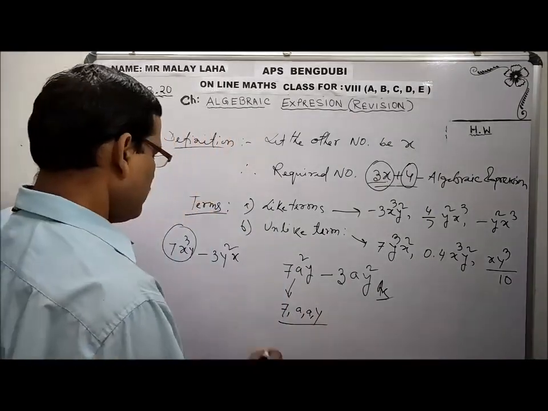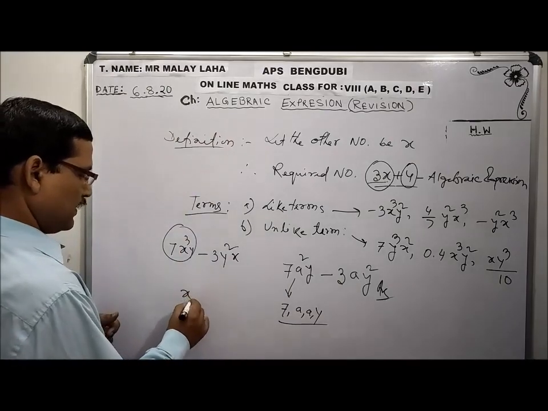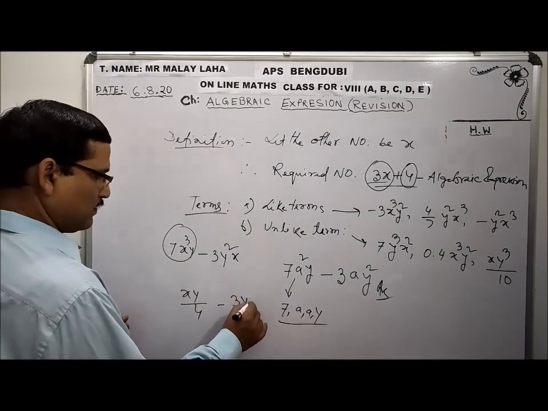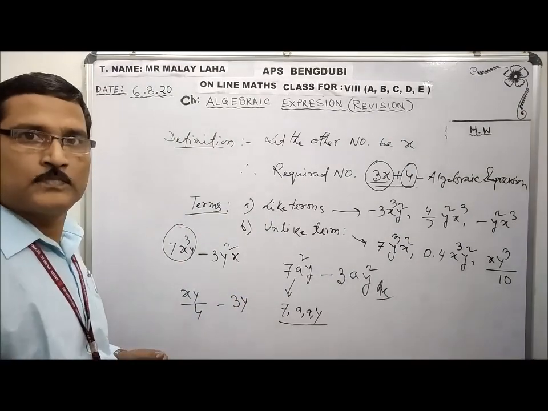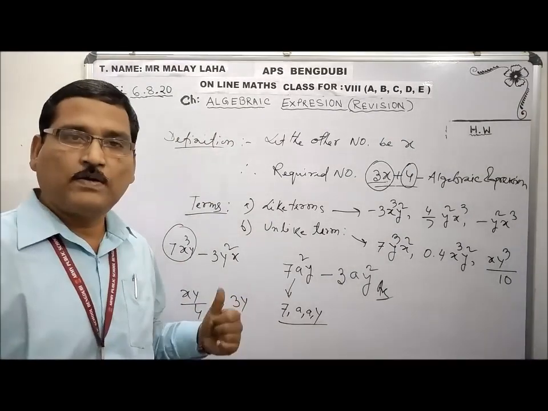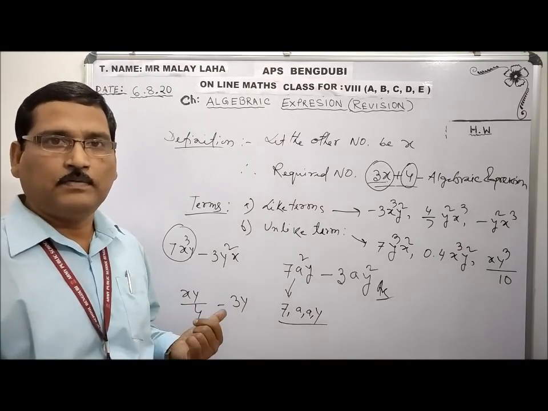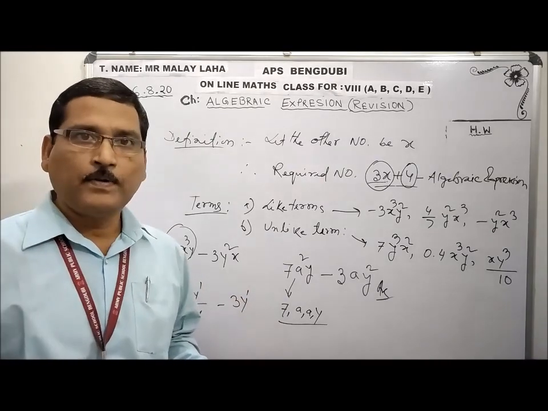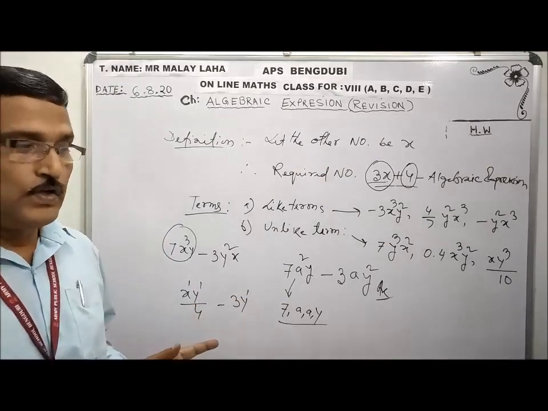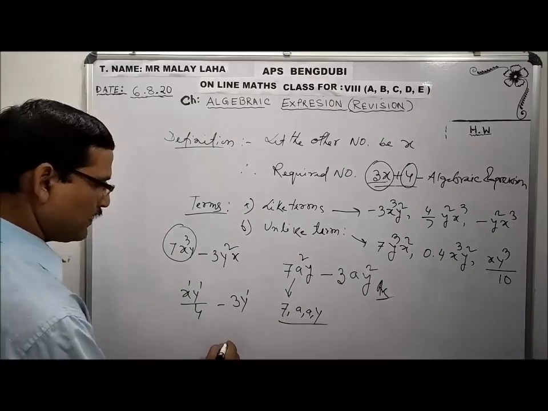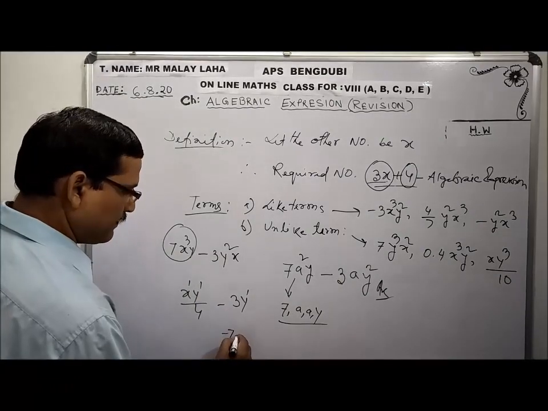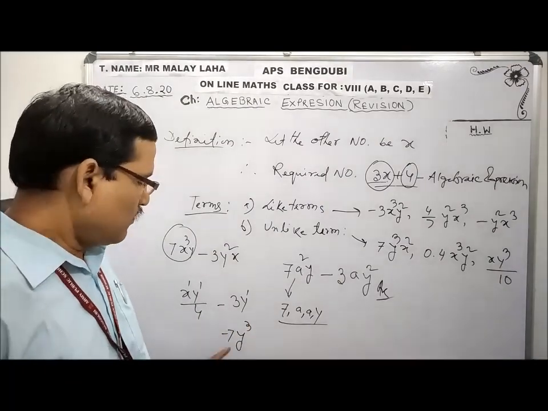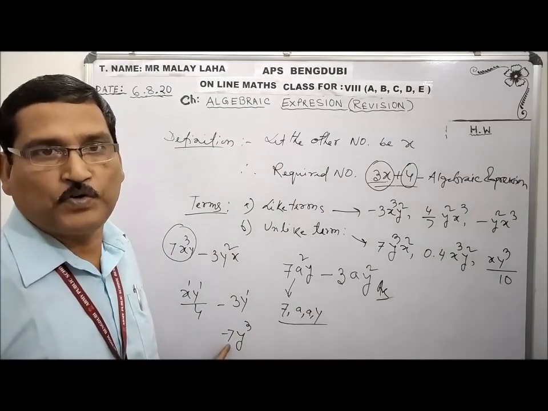Even if I say xy by 4 minus 3y, understood? What is the power of the variable? Nothing. That means at least one power is there. Okay? So this is a polynomial. So a polynomial can consist of even one term. If I say minus 7y cube, it is a polynomial. Okay? One term consisting of a polynomial.